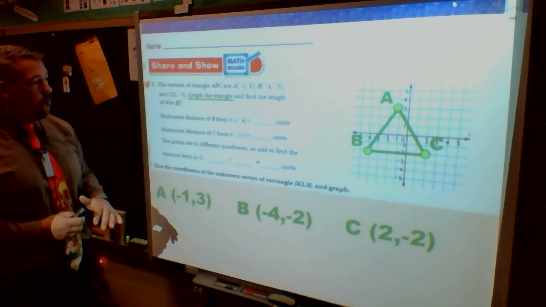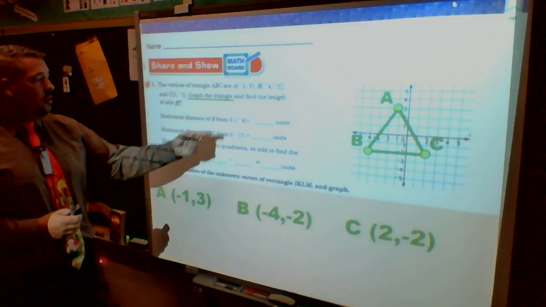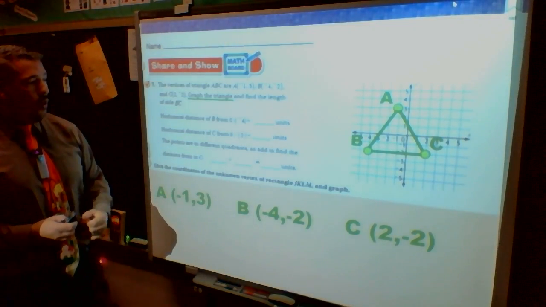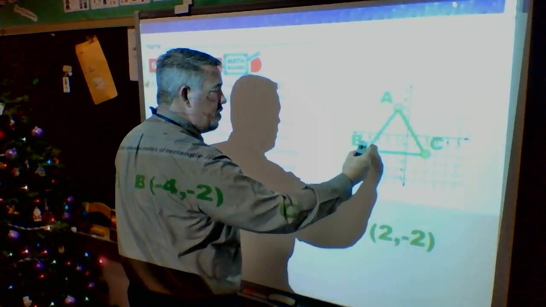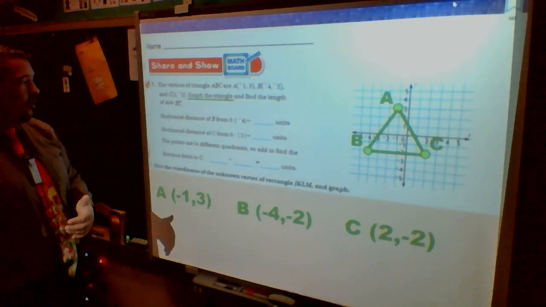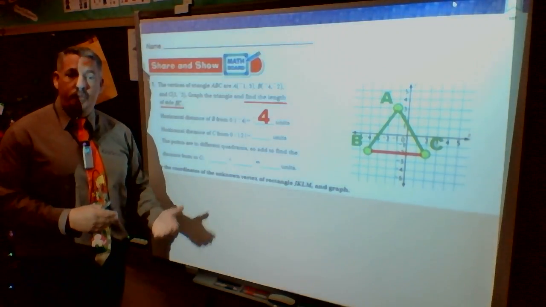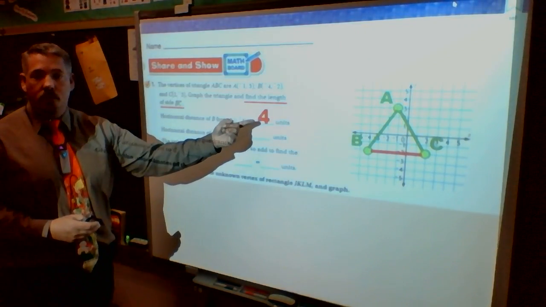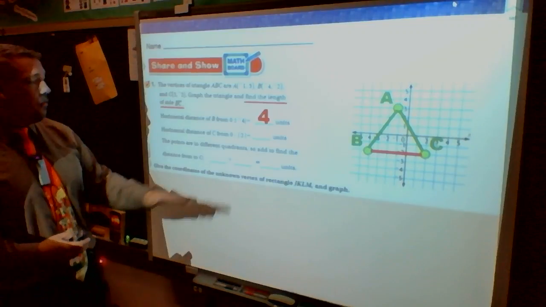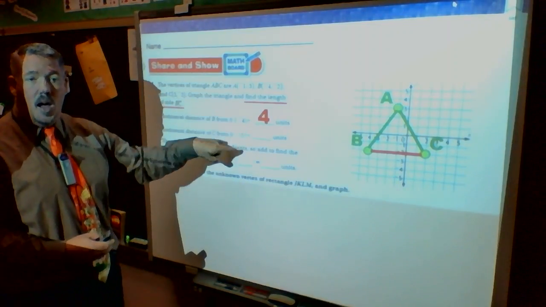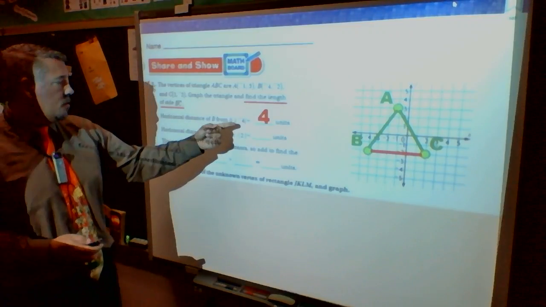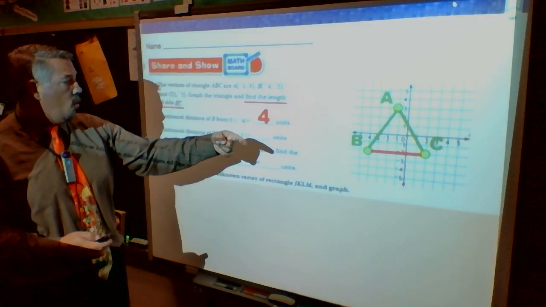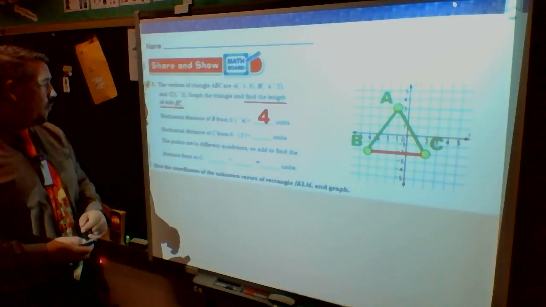Horizontal distance of B from 0 to -4, or what is the distance from the point of origin back to B? Well, the absolute value of -4 is 4. So positive or negative, whatever's inside the absolute value lines, I just make the answer a positive number. So my absolute value from the point of origin to -4 is 4.